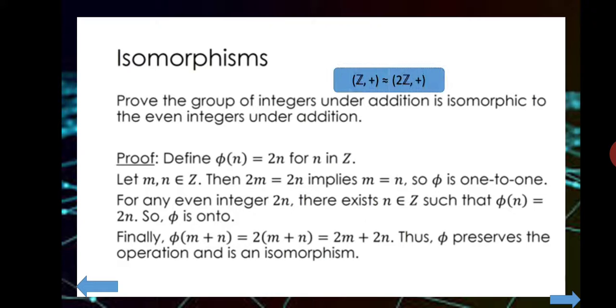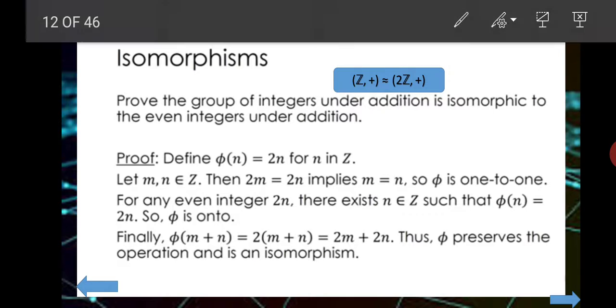And it is written like that: the group of integers under addition is isomorphic to the even integers under addition. So the first step, or the first proof we have, is to define phi of n is equal to 2n for n in Z.